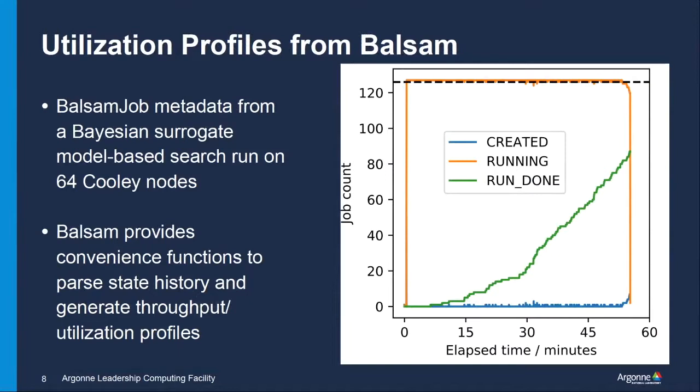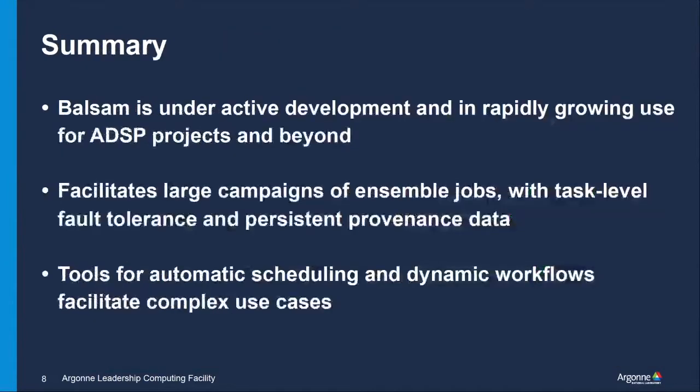You see in this case, we're basically pegged at 100% utilization throughout the run. And then we can look at things like throughput here. This is convenient and easily accessible from the Python API with Balsam.